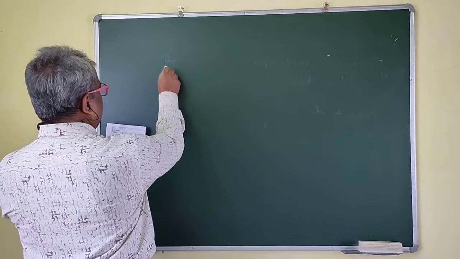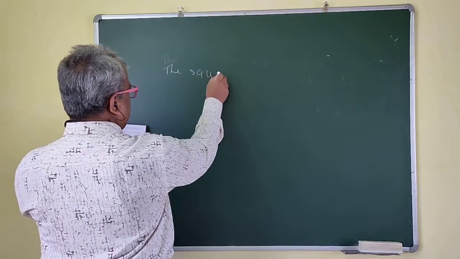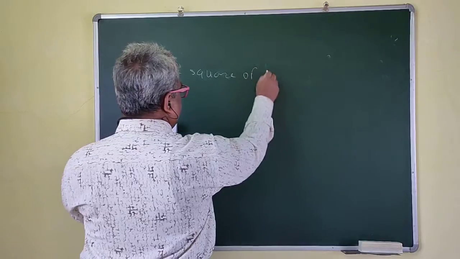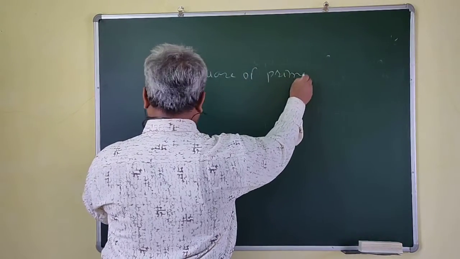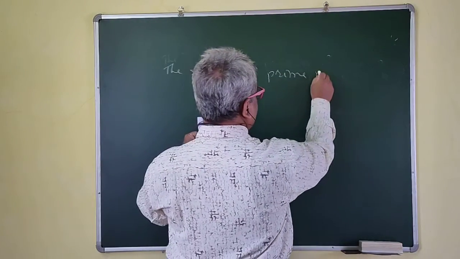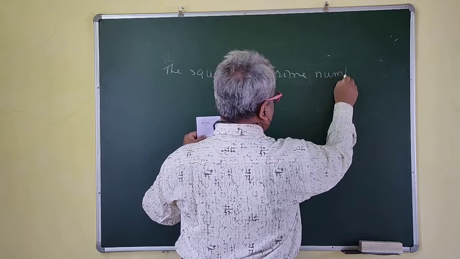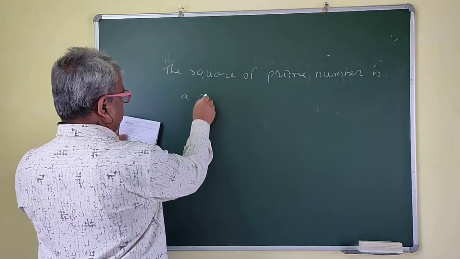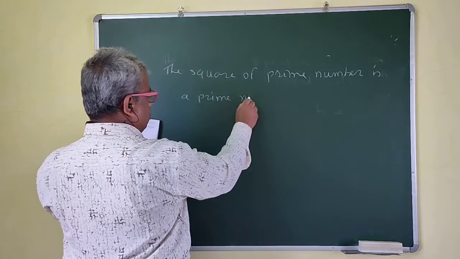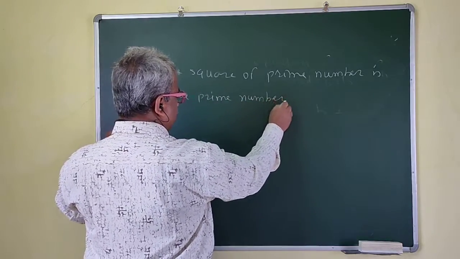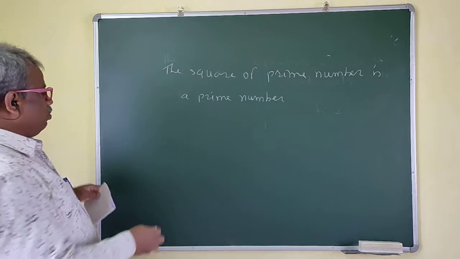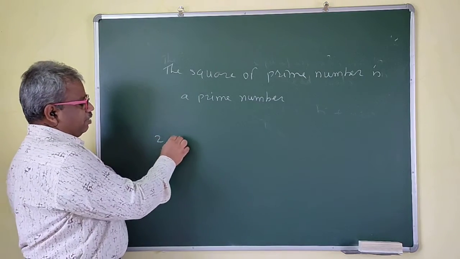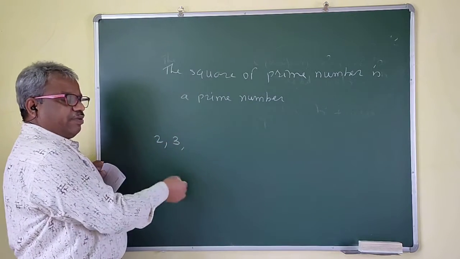The square of a prime number is a prime number. So prime number means what? You know that 2 is a prime number, 3 is a prime number. It is divisible only by itself.